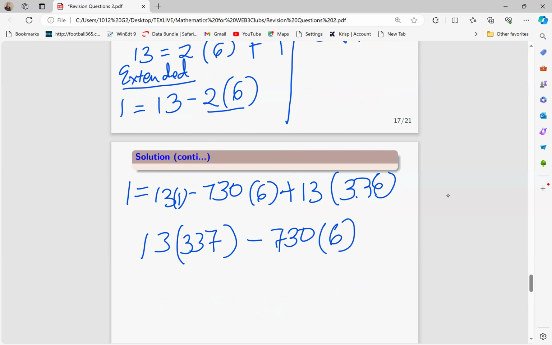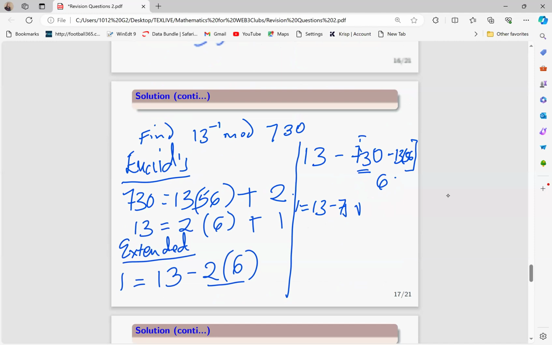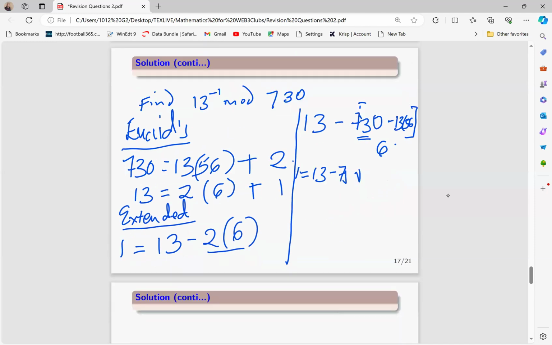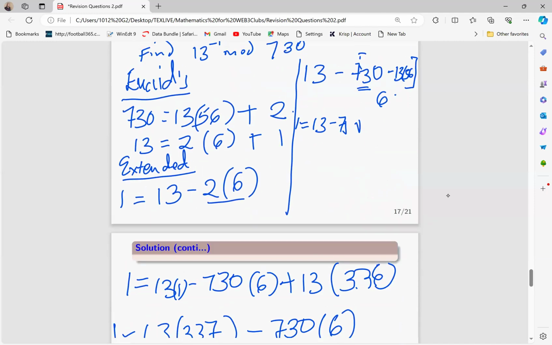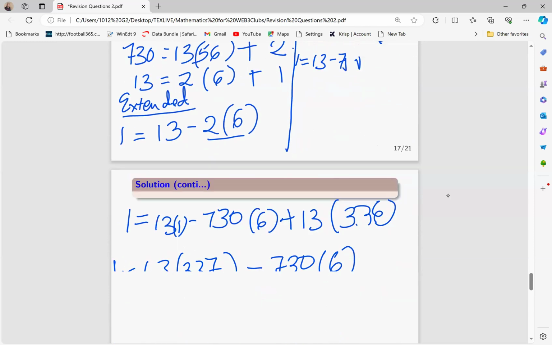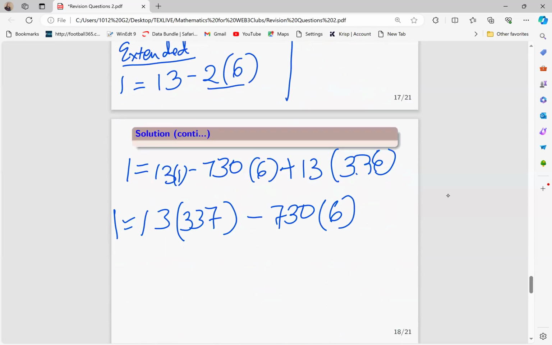So our question was to find the inverse of 13 mod 730. So this is the inverse we're looking for: X is 337. Let's confirm if that is the inverse.